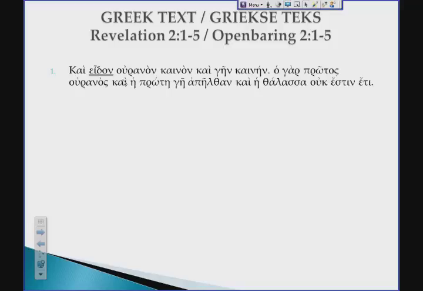Are you there? Yes, Professor, we are here, but I don't get his text. You don't get the text? Are you finding it difficult to translate? No, we're finding it hard to get the text in Revelation. Revelation chapter 2, this is verse 1. Are you having your Greek Bible or your interlinear Bible in front of you? Yes, Professor, we have a parallel New Testament in Greek and English. But you don't see this verse.